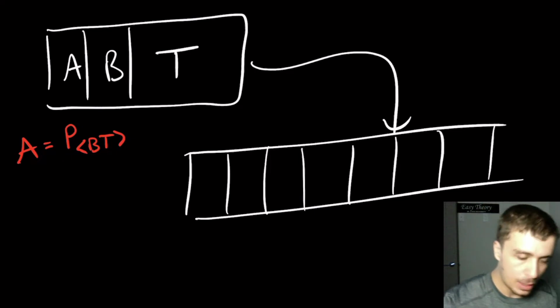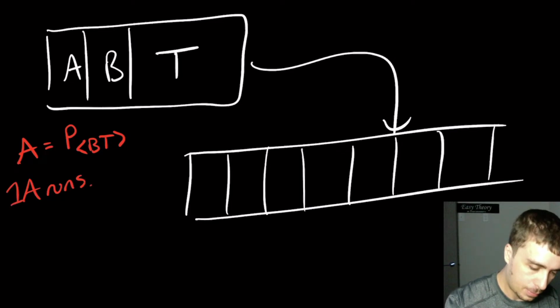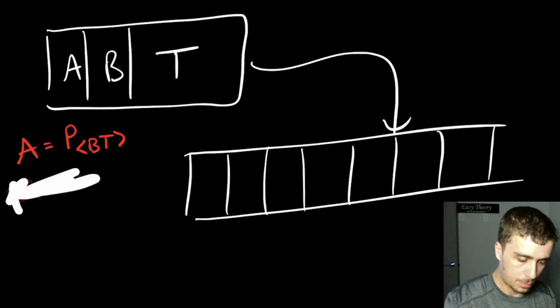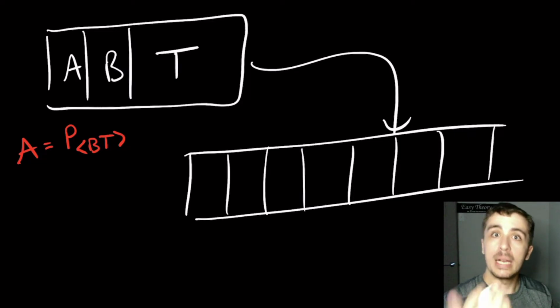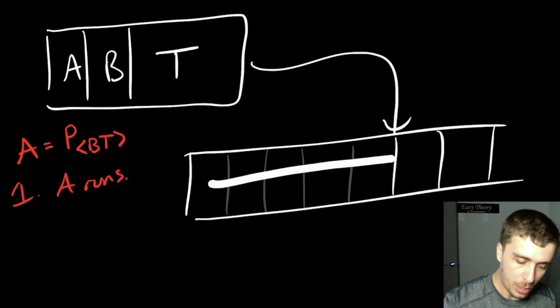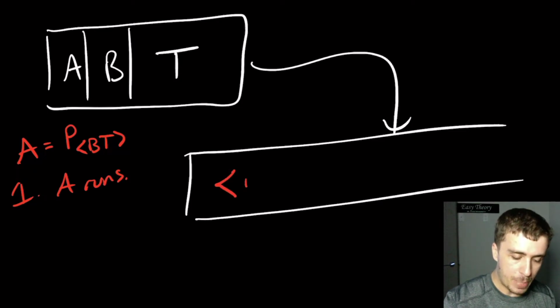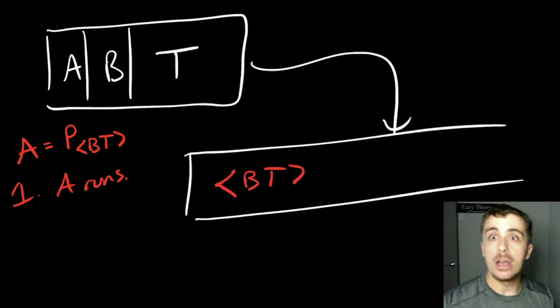And that's it. So A is going to run. So the first step is that A runs. So when it runs, it's going to have the description of B and T written on the tape.